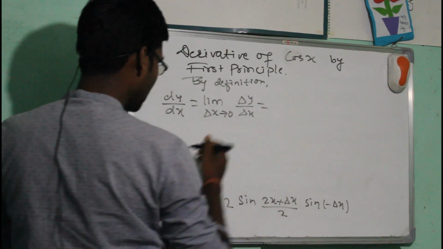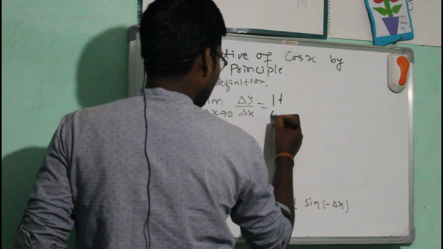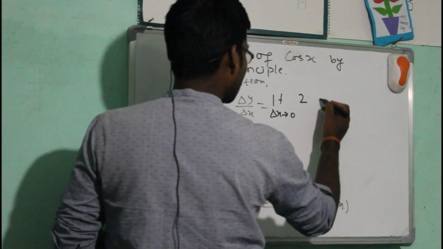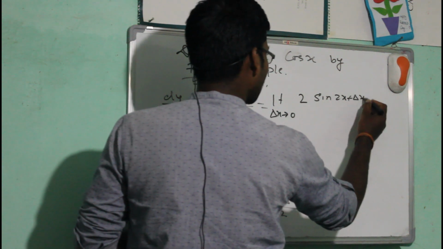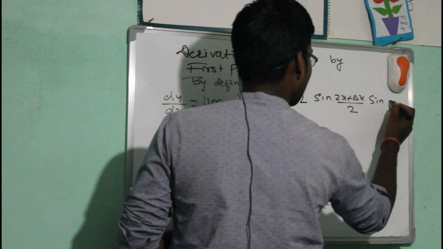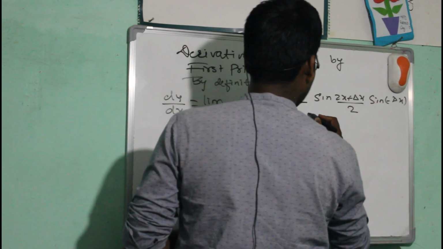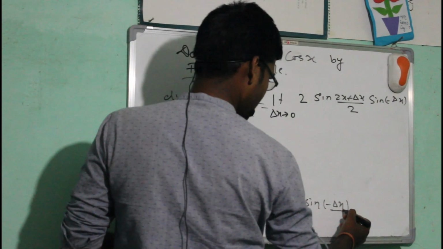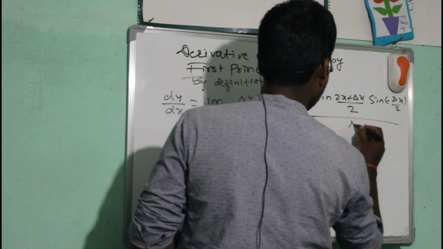Let's put the value of delta y. So we'll be getting here limit delta x tends to 0, delta y is 2 sin (2x plus delta x) by 2 and sin minus delta x by 2, and whole divide by delta x.